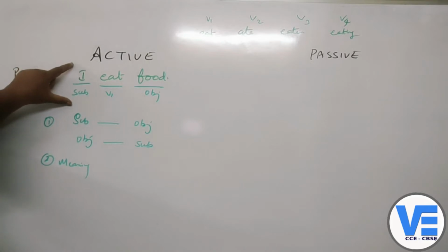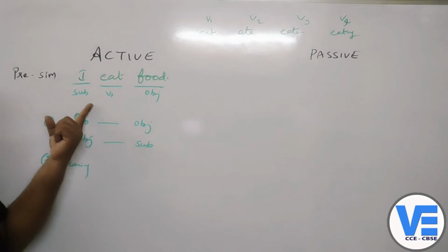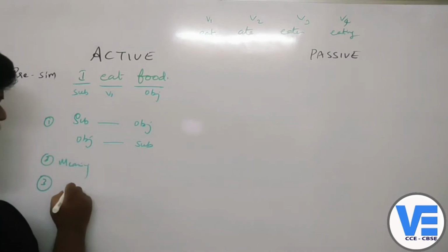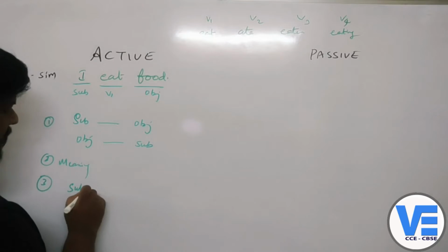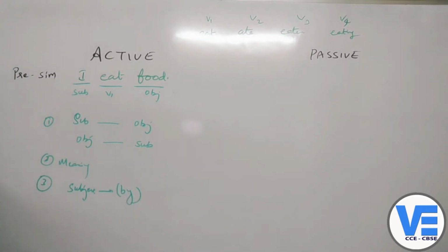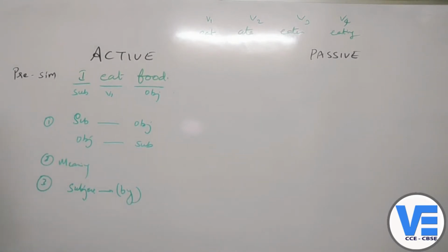Even though we are writing in the passive voice, we should not change the meaning. That is one of the very important rules we have to remember. And the third one is that, always the subject which comes to the place of the object will be accompanied by the word by. So these are the 3 rules which you have to remember in the active voice and the passive voice.